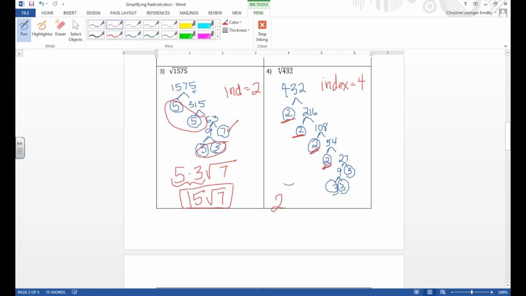So a 2 gets to come out front. We've got 1, 2, 3 3s. So that has to stay inside. The 3 can't come out. So 3 times 3 times 3 stays inside the radical. And again, we want to simplify for our last step. 3 times 3 times 3 is 27. So there is our simplified radical for that 4th root.